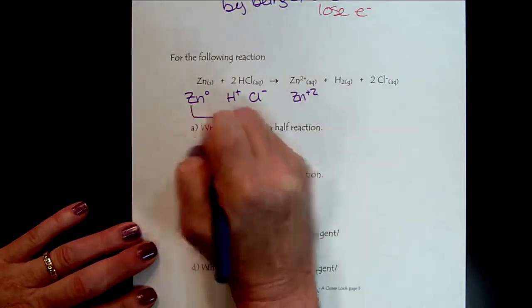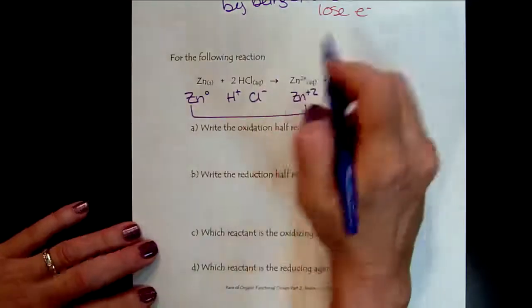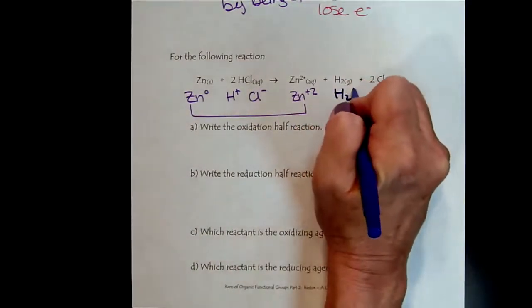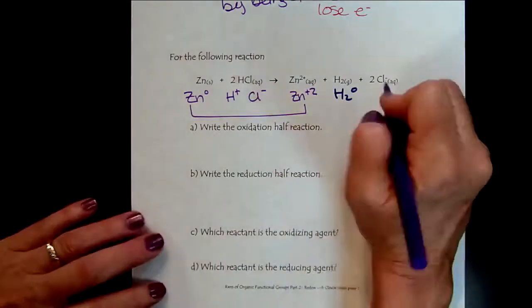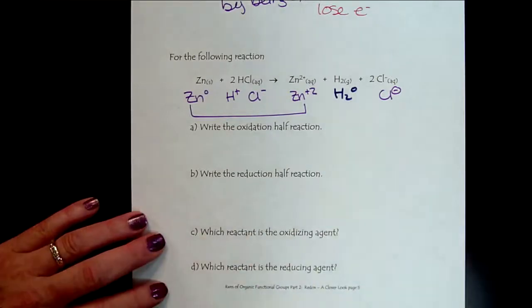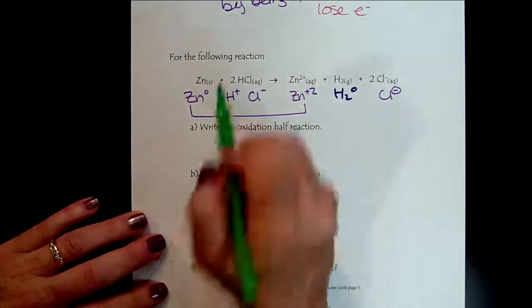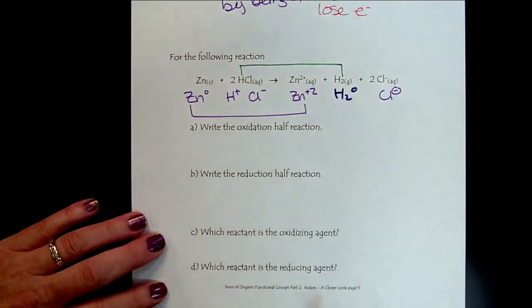So now we have a change. And, excuse me, here's hydrogen. It's pure. That's 0. And then our buddy chloride also remained unchanged. So we have another change here with the hydrogen. All right? So we have identified our 2 elements with the change of oxidation states.